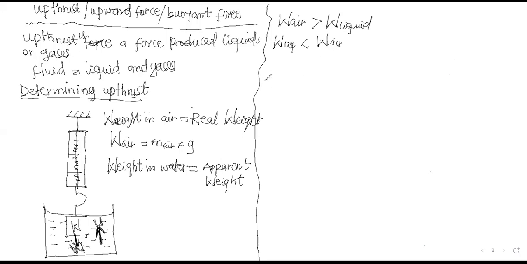Okay, and this explains the reason why when you try to lift somebody up in water, it is easier, because in water you are supported by an extra force, which is the upthrust produced by the liquid. Class, are we okay? Yes, sir. So we have weight in air minus the weight in the fluid or the liquid being equal to the upthrust.